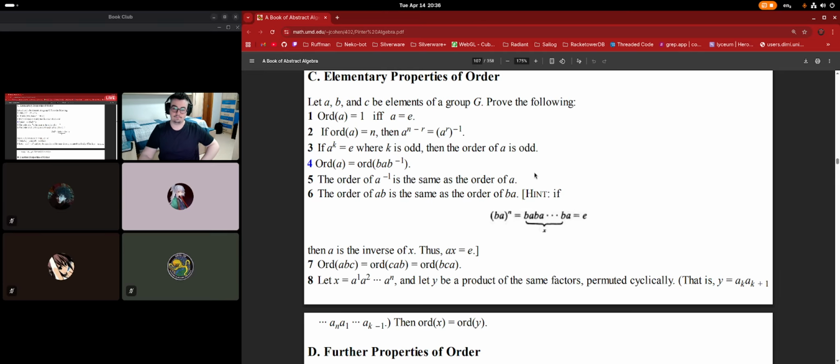Okay, before you continue, Marinho, why is this not trivial? I think that's pretty important, because we don't know if k is the order of a, right?